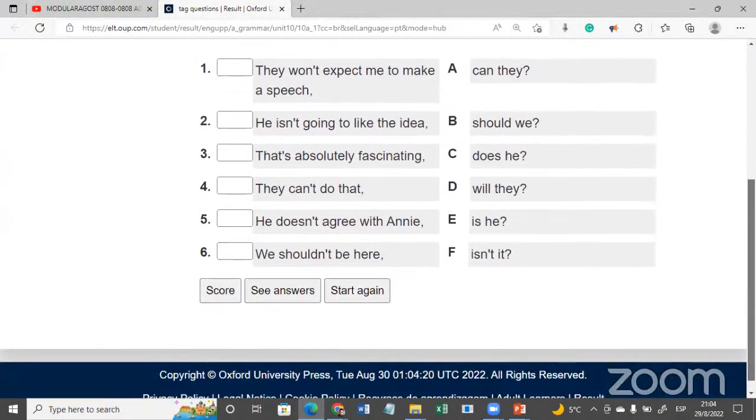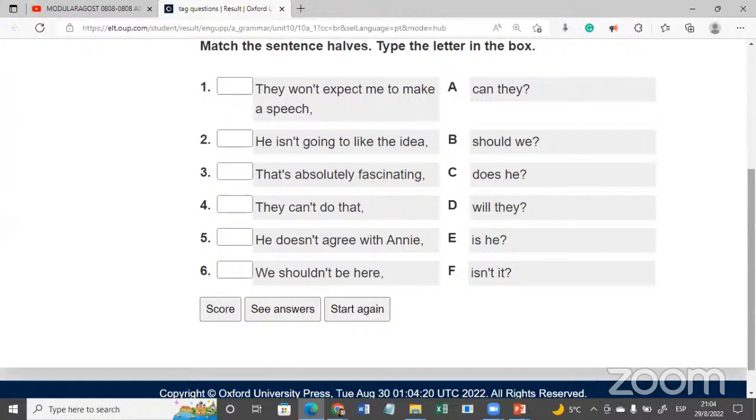For example, this one. And now please choose, how can we match that?